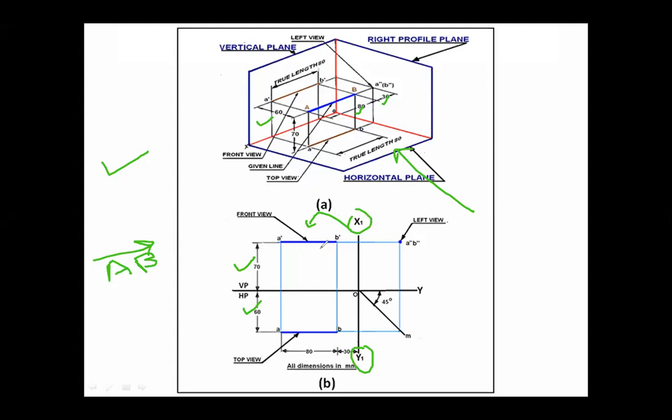Because if we draw it here, then it will be like this AB, but then point B will be a lot farther, more than 30 mm. So the only possibility is if B is here, then only 30 mm is possible. This 30 mm is possible. So from there, here is the 80 length, and this is the starting point A.